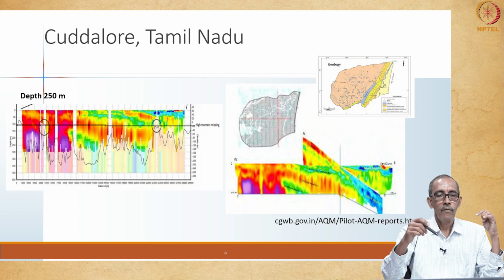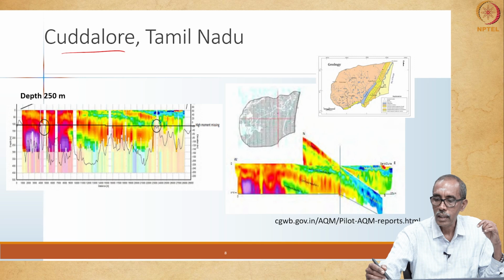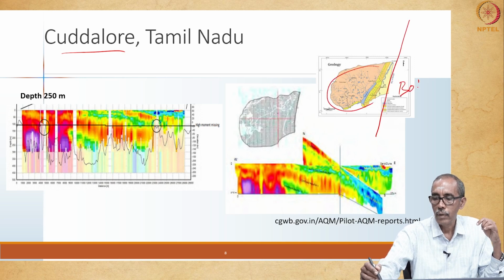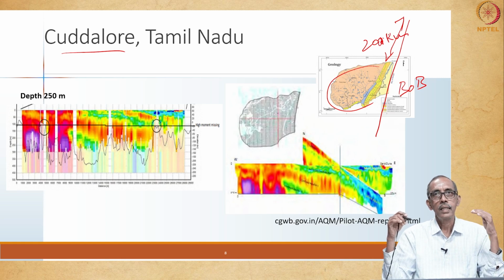In India, what we see is a site in Cuddalore, which is located here. This is the Bay of Bengal. This site is about 200 kilometers south of Chennai, wherein the same SkyTEM method, that is, heliborne time domain electromagnetic survey, was carried out, right.